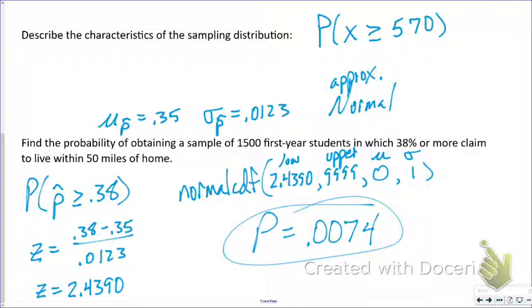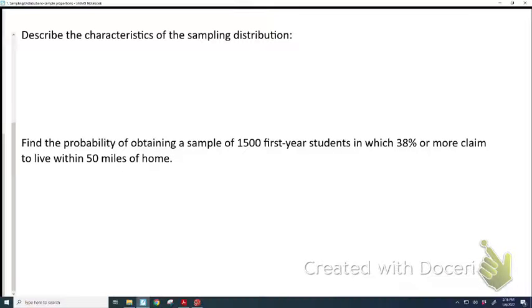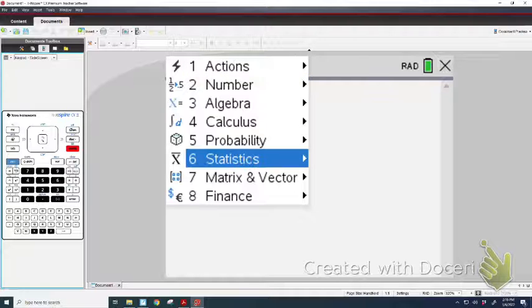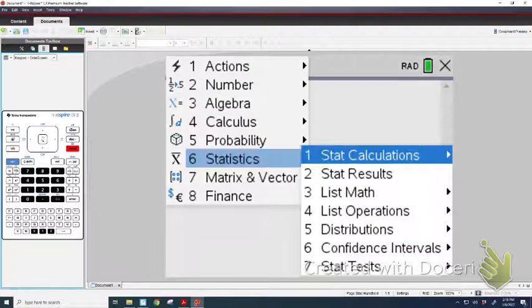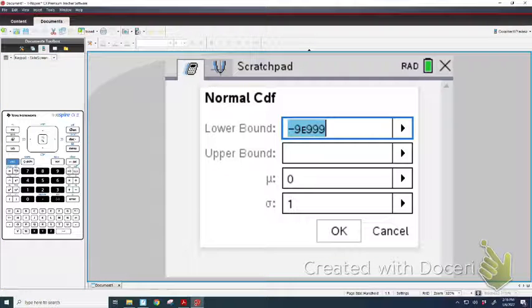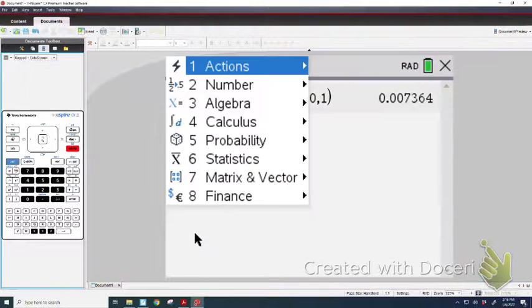And if you're curious, look at the calculator. Try it binomial and try it normal CDF. You get two almost identical answers. So go to distributions and normal CDF. Type in 2.4390, and we get 0.0074. And then try and look at the binomial answer.